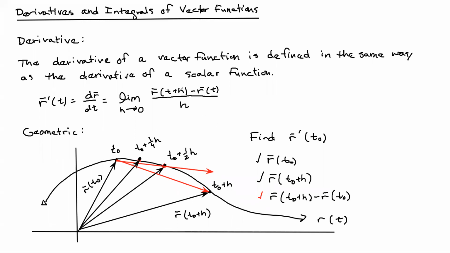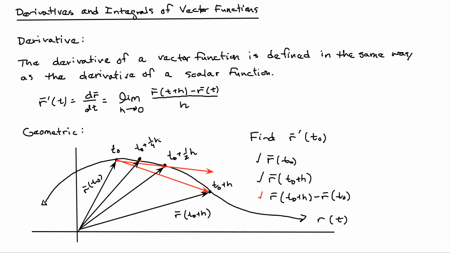Right, so r of t naught plus 1/4 h is going to produce this vector. And then again, we take this piece, which is r of t naught plus 1/4 h, and subtract r of t naught. That's going to be subtracting these 2 vectors. Okay, and so we're going to get the vector that points between the 2 of them.